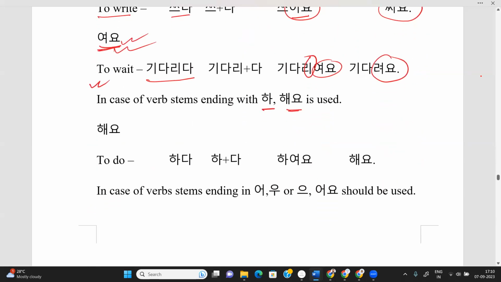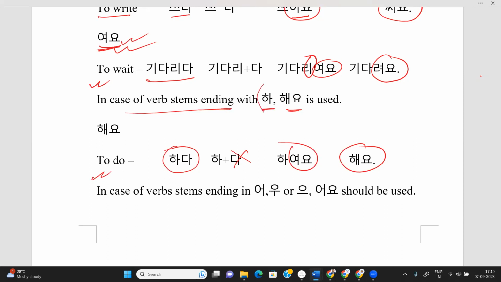How? It is like this. To do is hada. Then ha and da. Remove da, add haeyo. So it will become haeyo. It is mentioned here: if it ends with ha, then it will be haeyo.